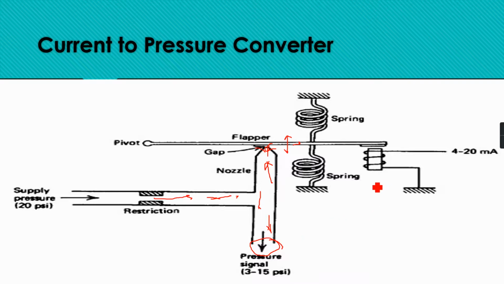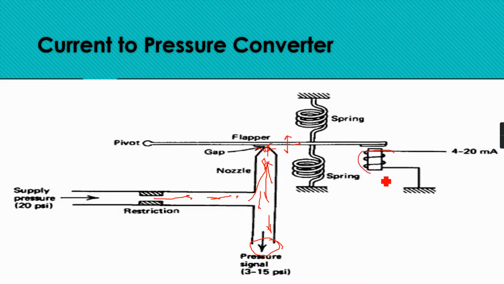But when there is a restriction, or the flapper is displaced towards the downward side and restricts the opening of the nozzle, then less air will go out there. Because of the restriction, most of the air will go to the output side.